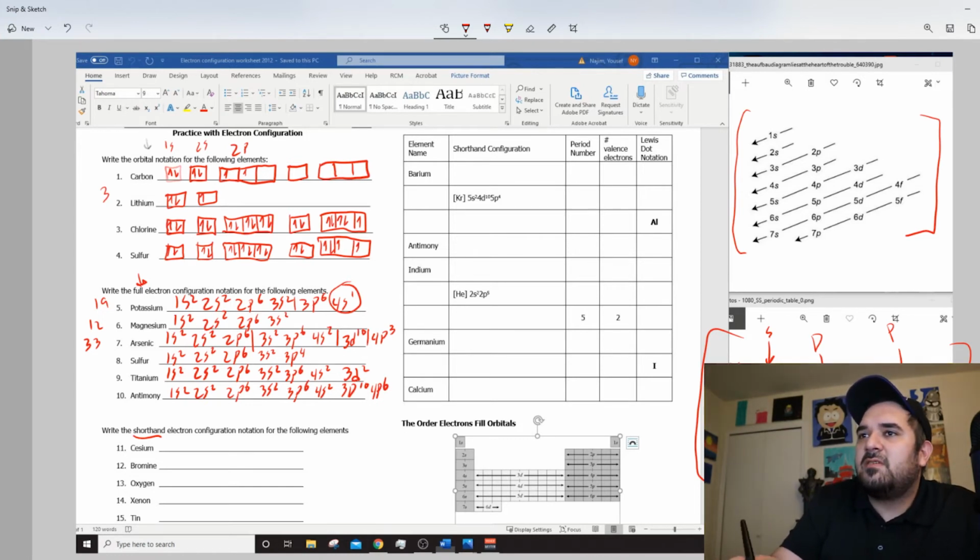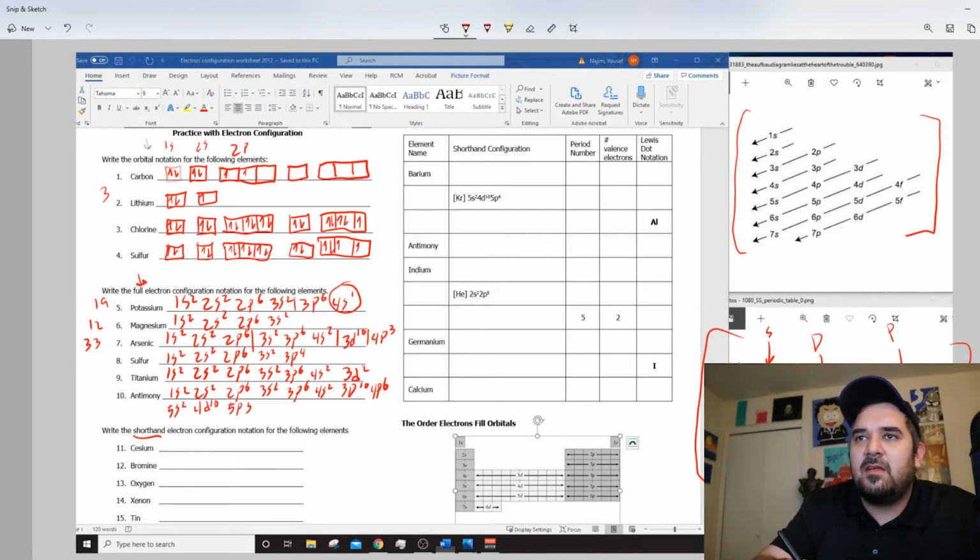After 4p6 we have, I'm going to put them down here, 5s2. Antimony is here, so this is the 5s2. Then we have 4d10. And then after 4d10 we have our 5p3.